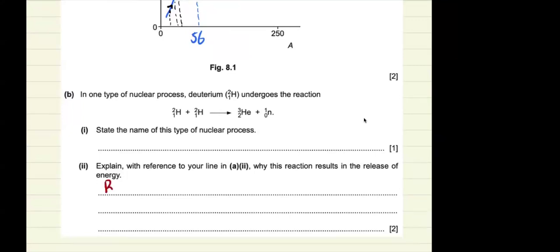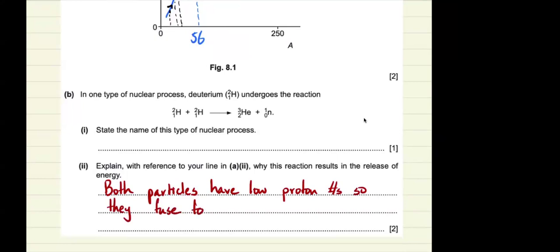both particles have low proton numbers. So they fuse to form helium, which has a higher binding energy per nucleon, right?